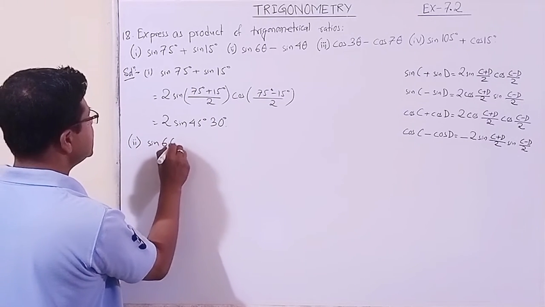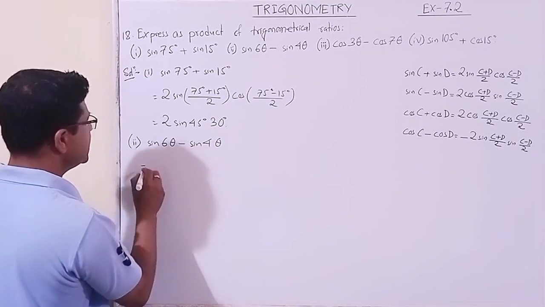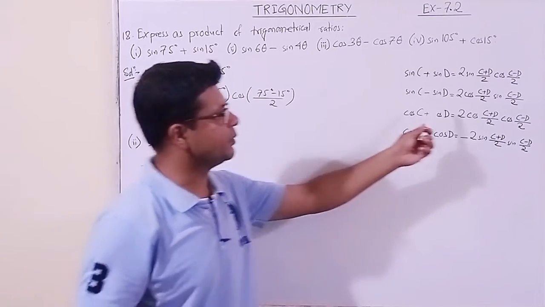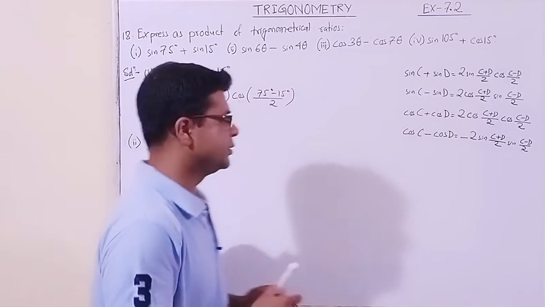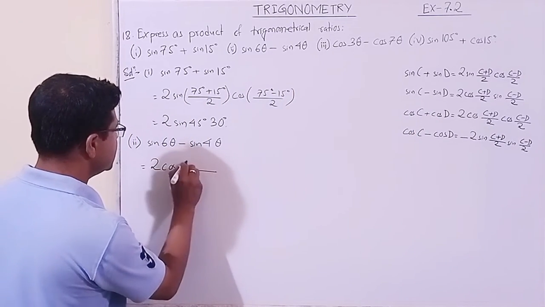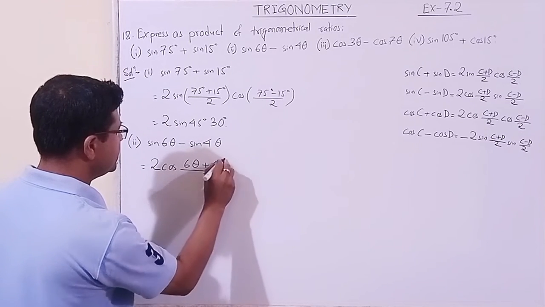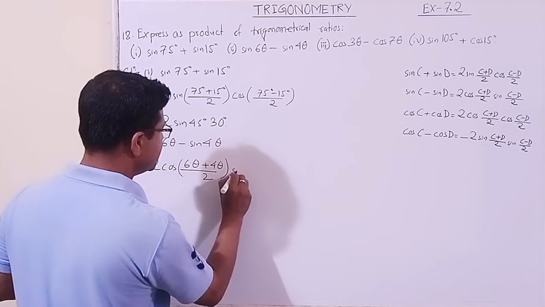Sin 6 theta minus sin 4 theta. Let us solve it. This is of which form? This is of the second one, sin C minus sin D. So this is twice cos of (C plus D) by 2, then sin of (C minus D) by 2.